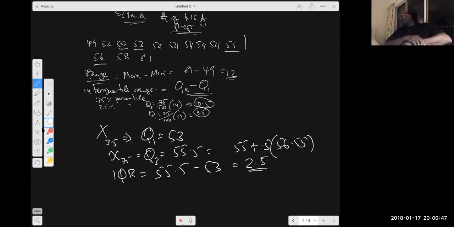Because we have this problem with the range and the interquartile range, which basically pick values in the data and look at the difference between them, we need a measure that takes into consideration all of the other values in the data set. That's where we come to variance and standard deviation.